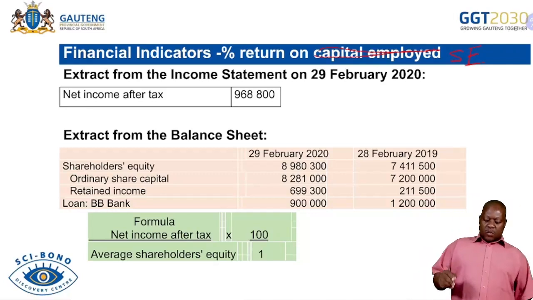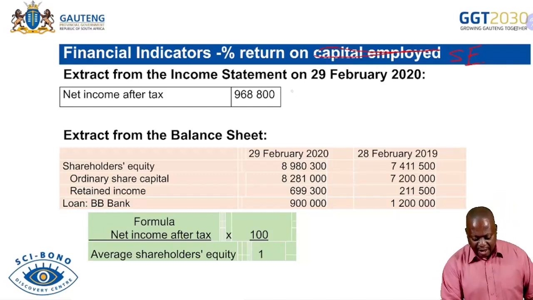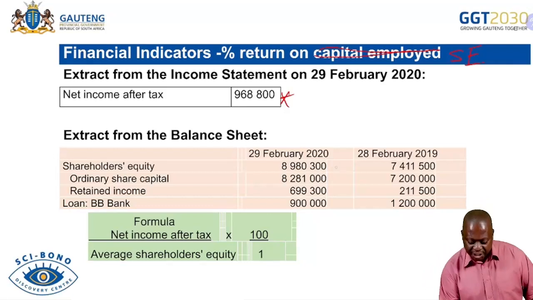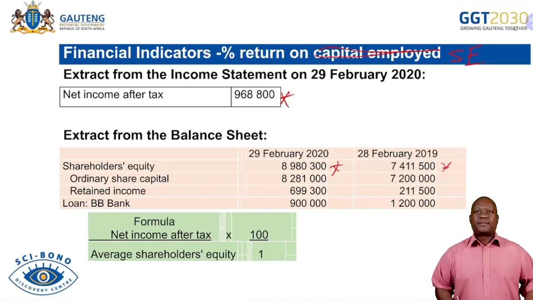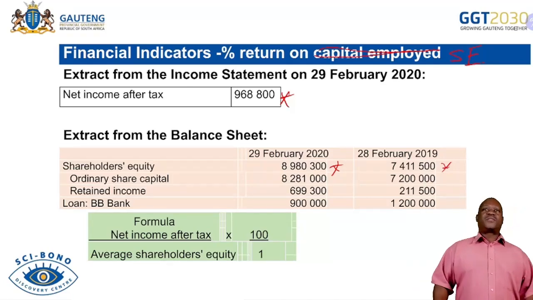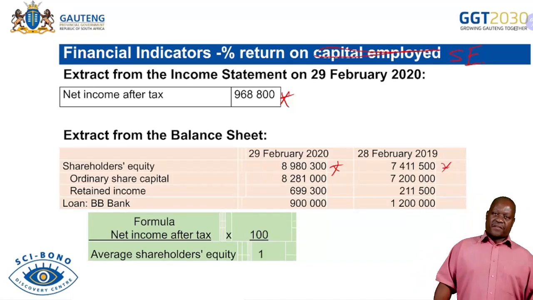Now, what are we doing here? We are looking into our net income after tax, which is given, and then we need an average shareholders' equity. So it means we must take these two figures, add them together, and divide by 2 to find the average.